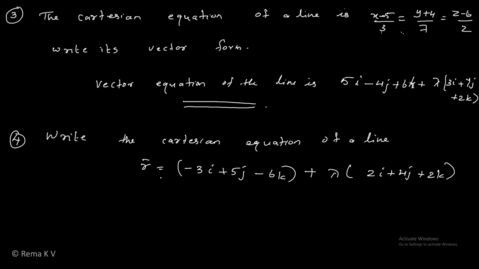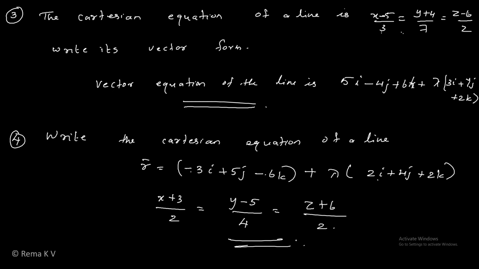It is x minus x1. x minus x1 is minus 3, so it is (x plus 3)/a, which is 2, equals (y minus y1)/b, which is 4, equals (z minus 6)/2. So this is the Cartesian equation of the line: (x plus 3)/2 equals (y minus 5)/4 equals (z plus 6)/2.